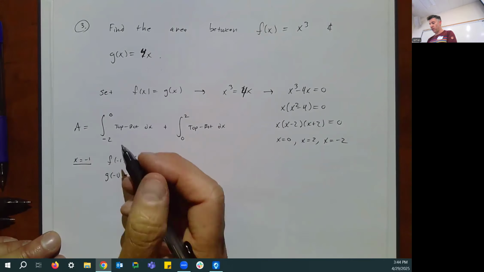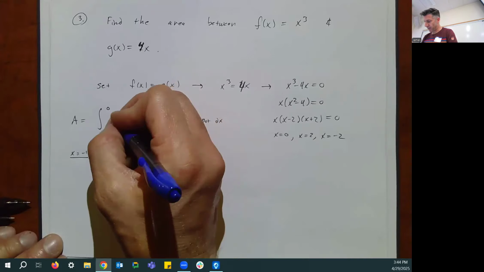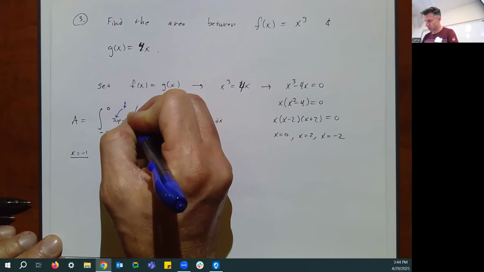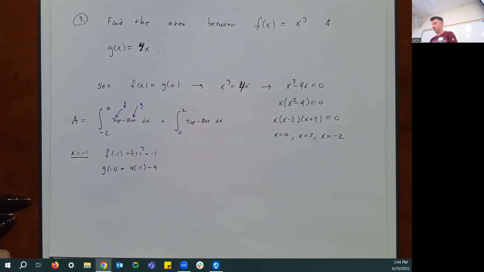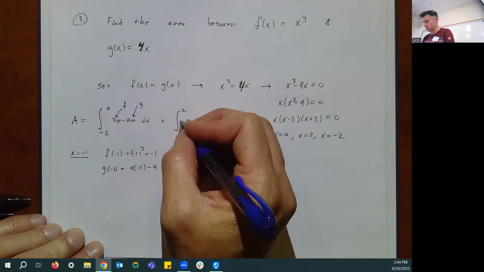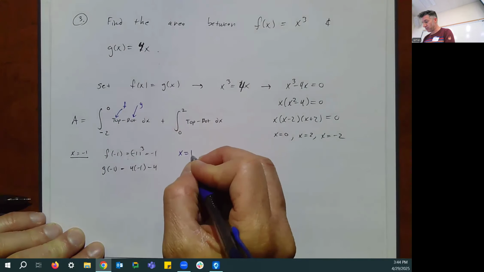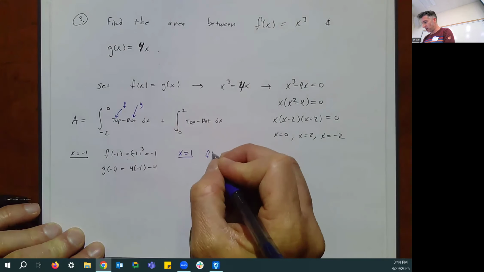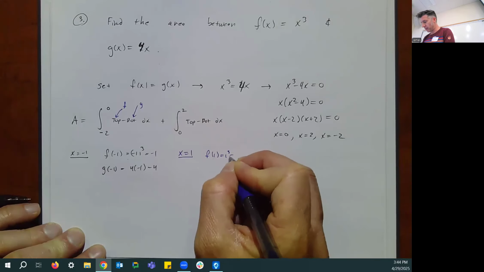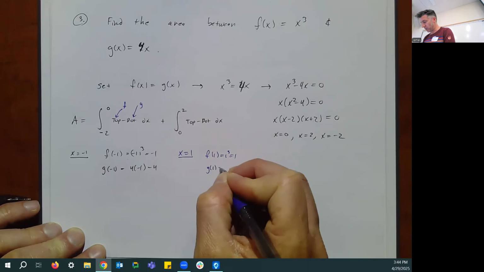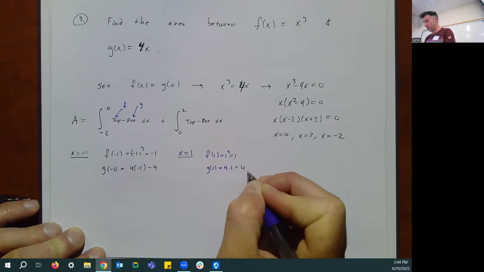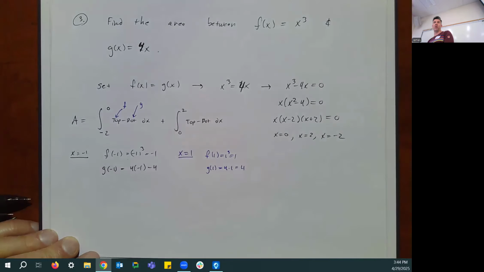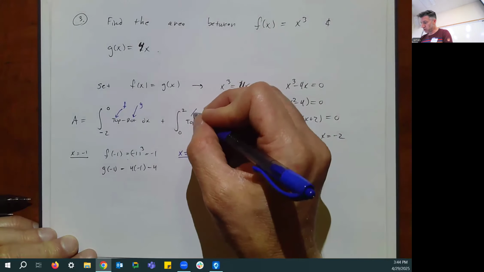So in this interval, the top function is f, and the bottom function is g. But then if we look at the next interval, between 0 and 2, let's set x equal to 1, we see that f of 1 is 1 cubed, which is 1, and g of 1 is 4 times 1, which is 4. And in this interval from 0 to 2, g is the larger or top function.